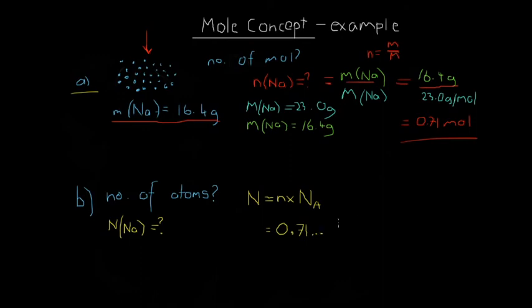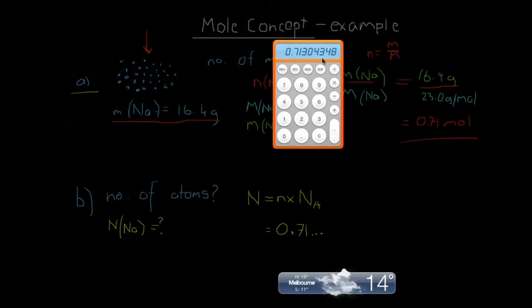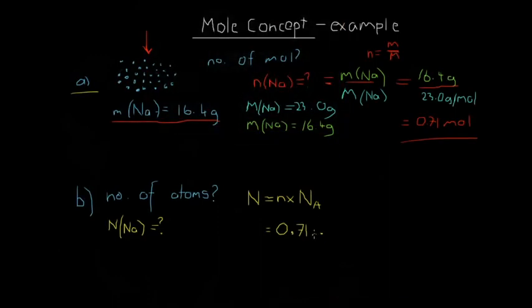So maybe write that down in the corner of the page, or keep it in your calculator, and make sure you keep track of all of those decimals. So I've written that here as 0.71 and we're using the rest of the decimals, times Avogadro's number, capital N subscript A, which is 6.02 times 10 to the 23.